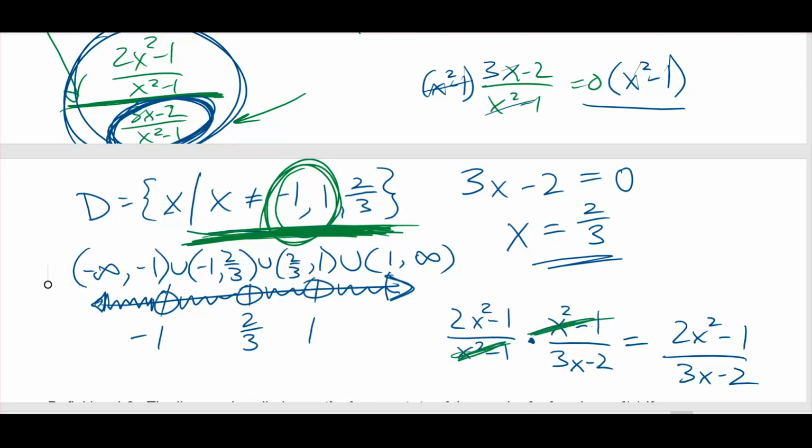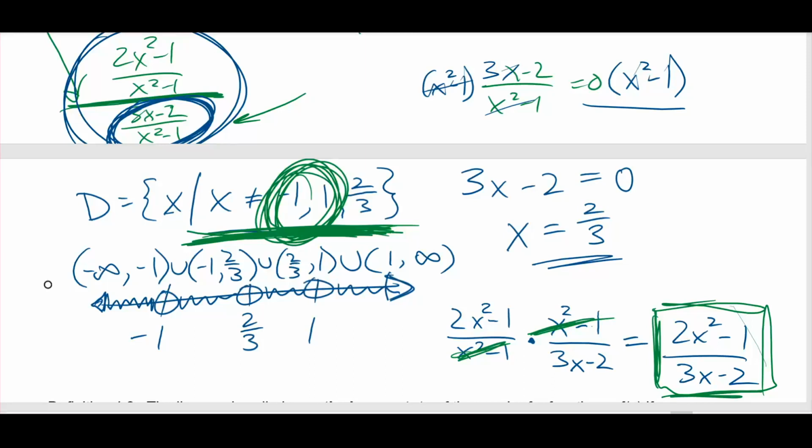So once we canceled that factor, it wasn't a 0 anymore. And it's going to deceivingly be not in the domain of our function that looks like this. What that's going to represent is a hole in the graph.